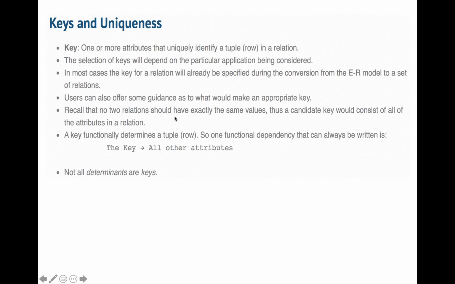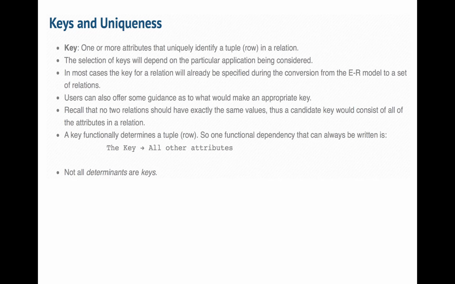No two tuples in a relation should have exactly the same values. Thus, a candidate key would consist of all the attributes in a relation. If you cannot find a primary key for a table, then all the attributes together are the key.